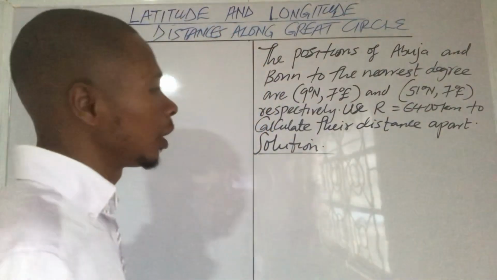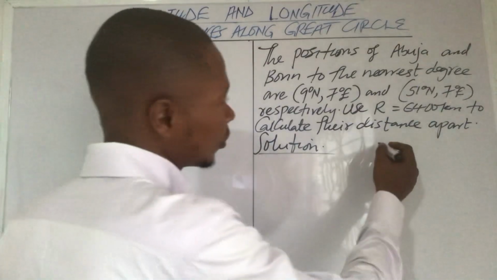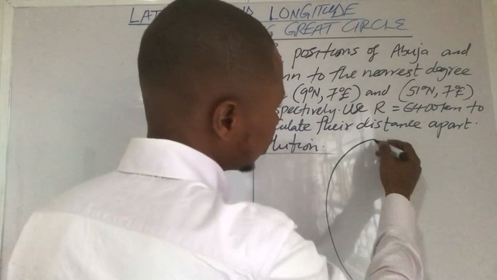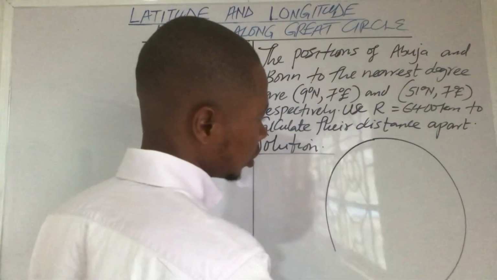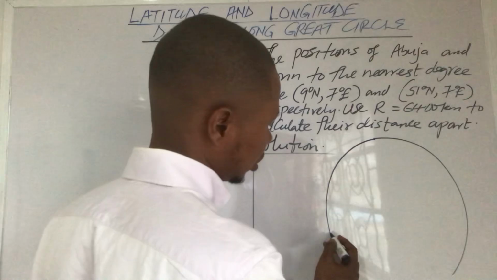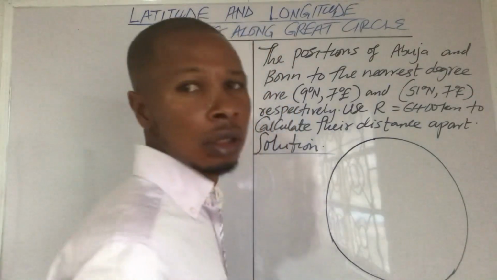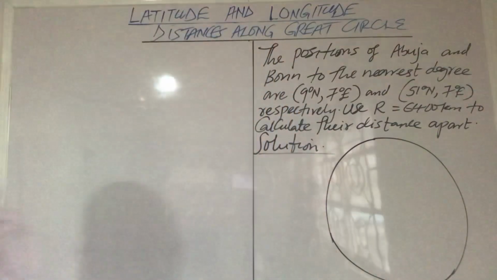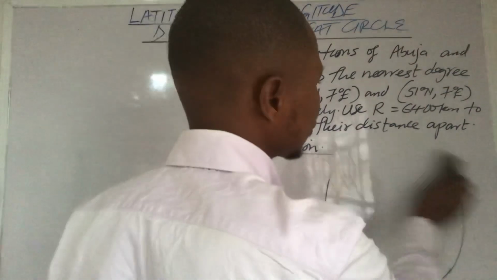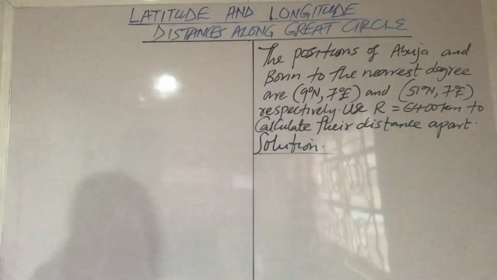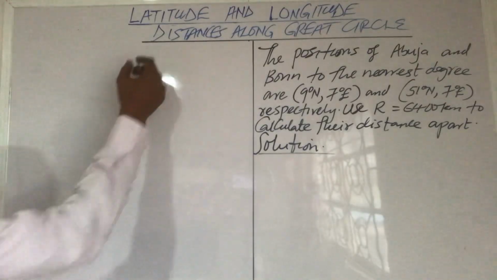So I'll first draw the earth. Let's assume this is the shape of the earth. Let me draw it on this side so that I can see it clearly.